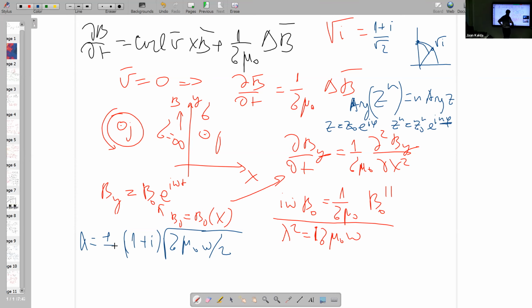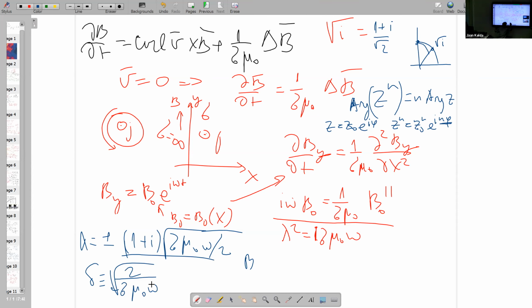The solution will be, okay, let us denote this, it is going to have units of 1 divided by meter. So this is 1 divided by some length. Let us call this the skin depth delta. We define delta as 1 divided by that thing over there, the square root of sigma mu naught omega divided by 2.